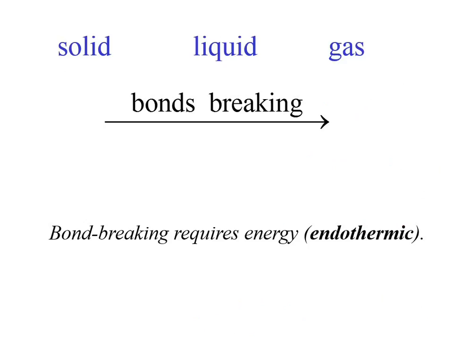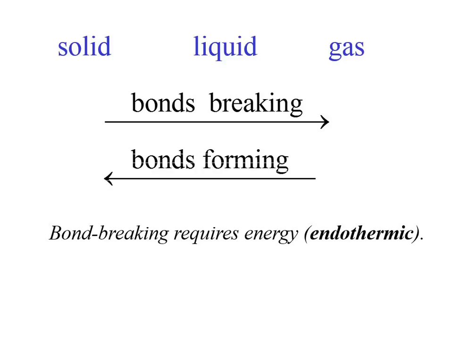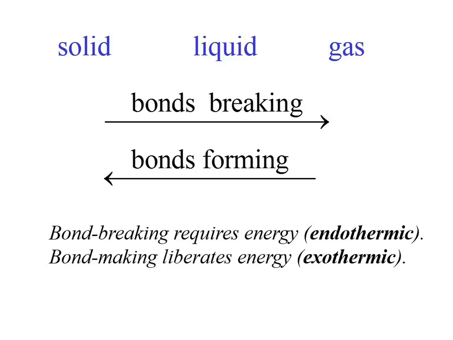So we're breaking bonds going from left to right. This blue up at the top, those are just the physical phases of matter, not including plasma because that just makes our life difficult. Solid, liquid, gas. We're breaking bonds as we go from left to right, and energy is required. Then as we go from right back to left again, from a gas to a liquid, or from a liquid to a solid, actually energy is going to be released.